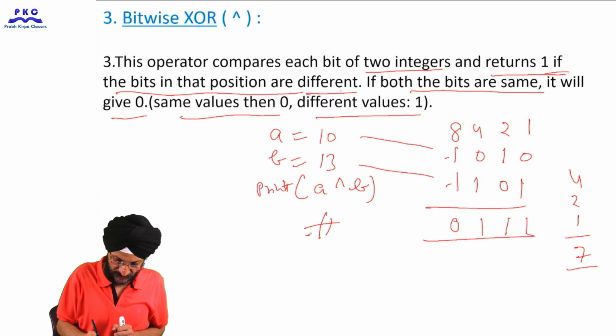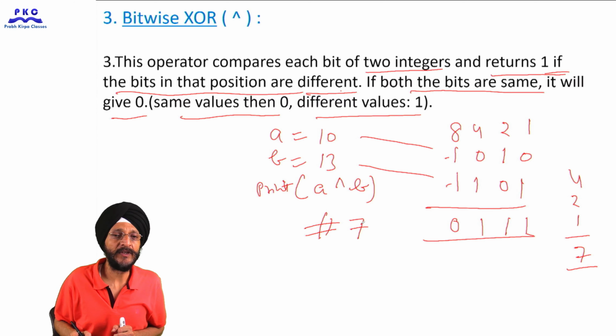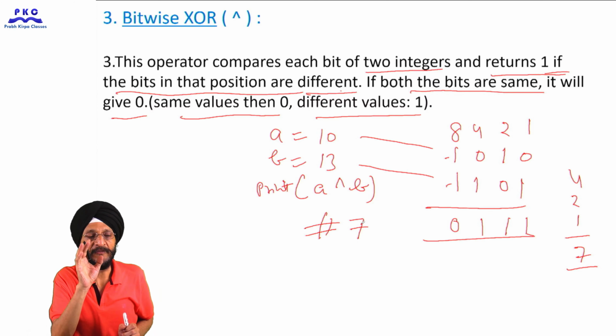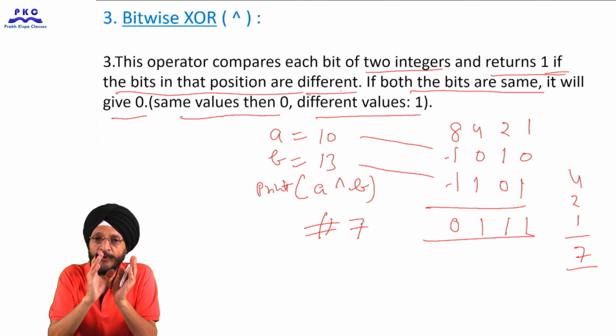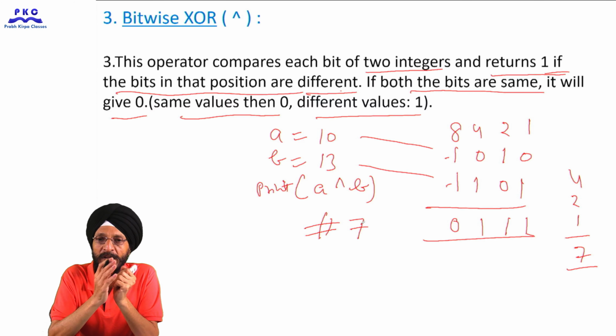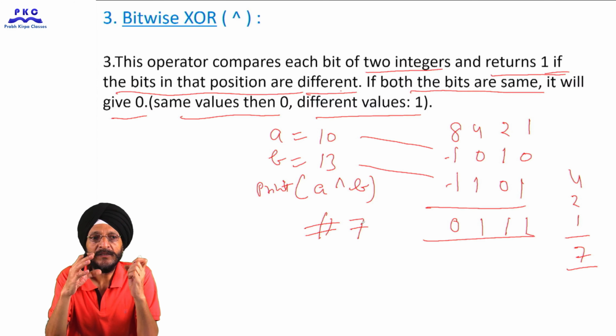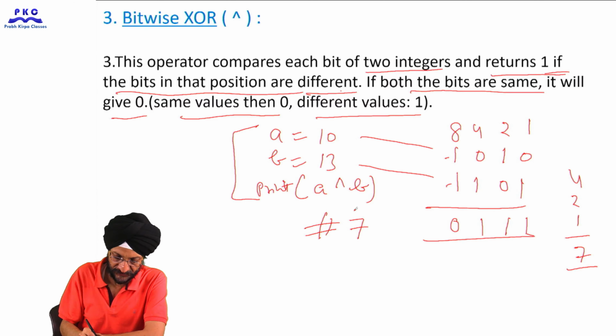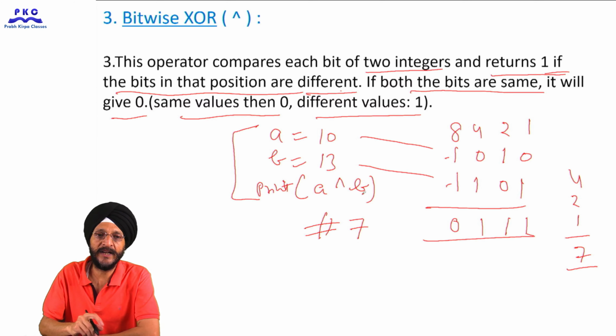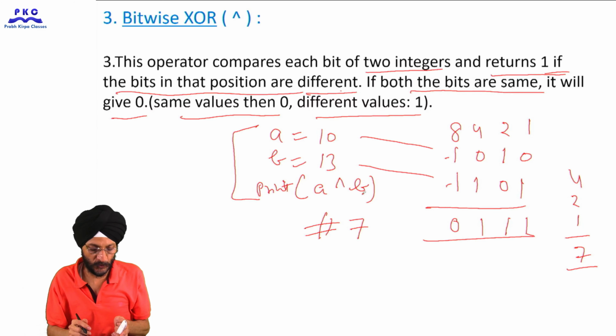So this is the output which we will be getting when we use the code editor, and the Python interpreter will interpret the output as 7 when we use these values, the print function and the bitwise XOR operator.